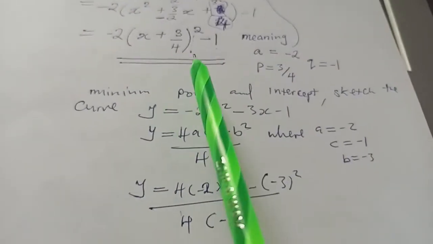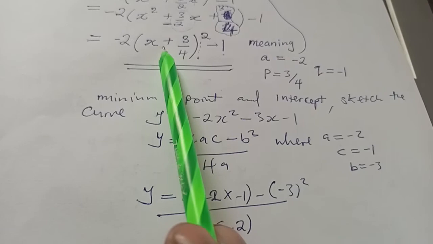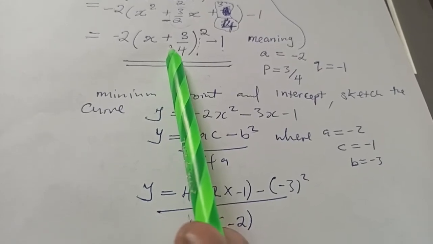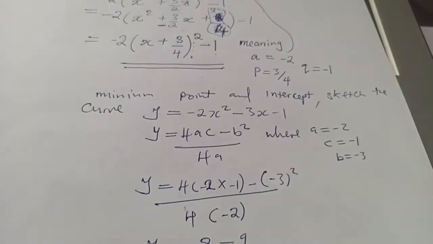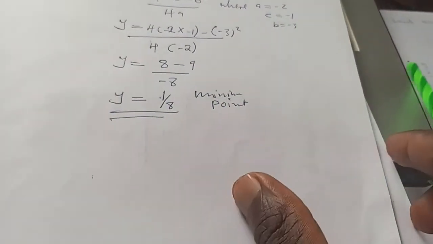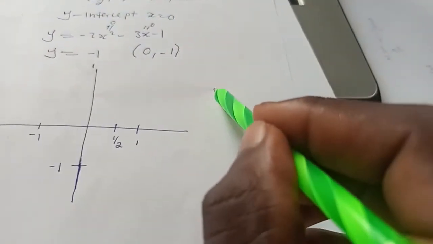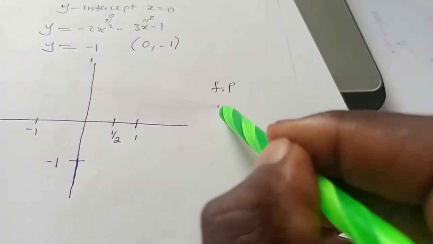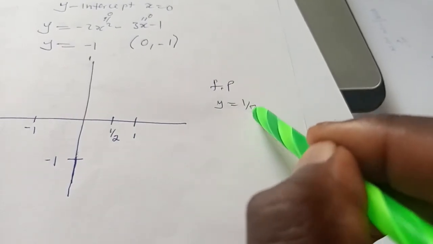We can pick from here. So the coordinates of the turning point is what? Remember we found the y value. The y value was y is equal to 1 over 8.